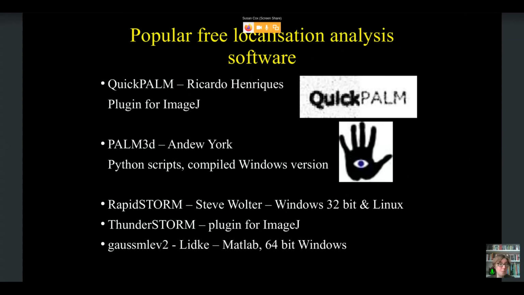But if you want to know more about how well these perform relative to each other, there's been some excellent work by Daniel Sage and colleagues on how the different localization microscopy softwares perform relative to each other, and that's been published twice in Nature Methods.